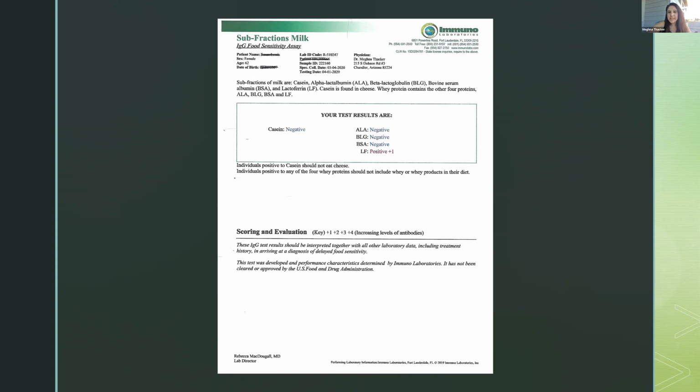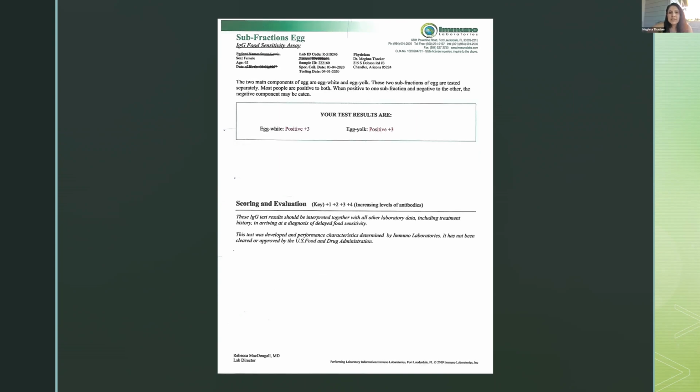So this tells us that she should avoid the milk and the whey proteins, but she can still consume cheese. If the result simply said she cannot have any milk products, she would have probably eliminated all dairy. But by doing the subfractions, we know that she can still eat cheese. So that's how this is helpful.